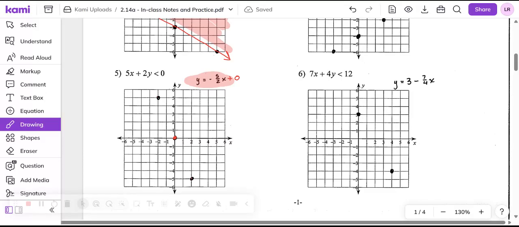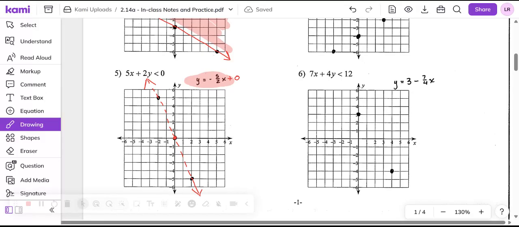Now I have to pay attention to what type of line I'm supposed to use. In this particular inequality, it does not have the or equal to part, so this should be an open line. The way I demonstrate an open line is to make a dotted line. Remember, the significance of open is that these data points are not actually solutions.